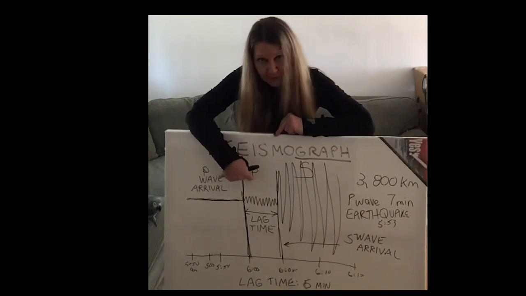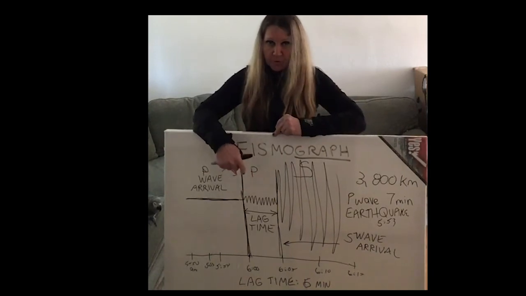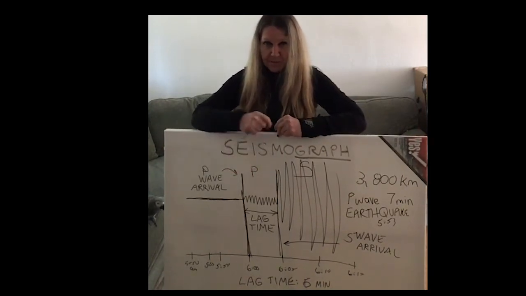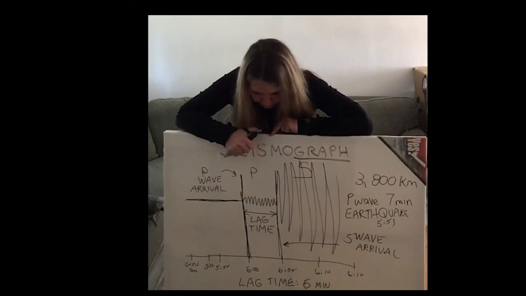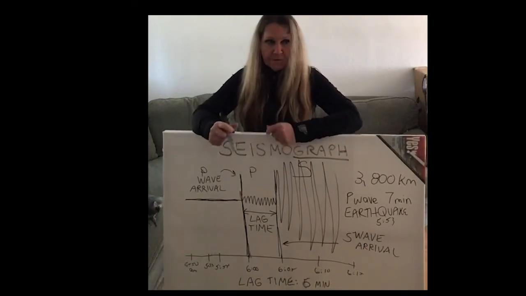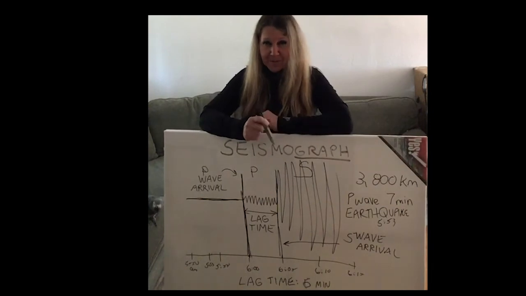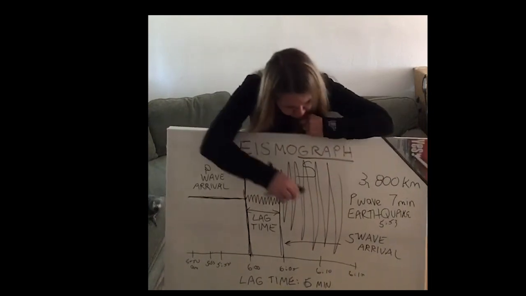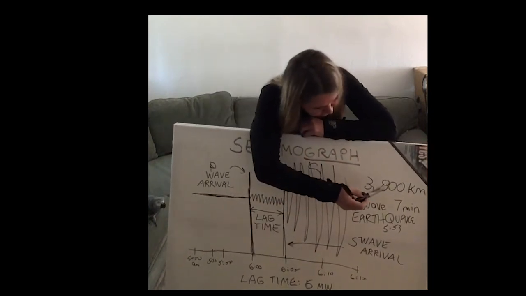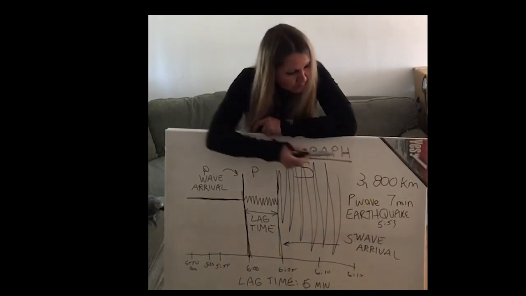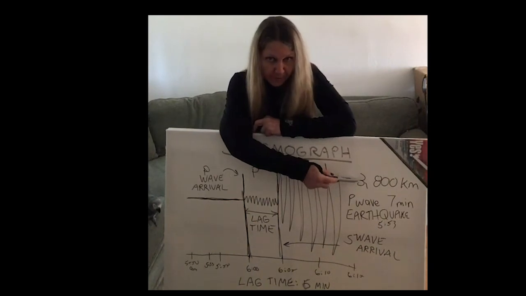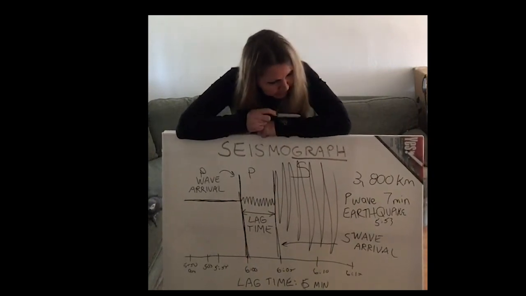We determined the lag time's 5 minutes, so we use that information in that S wave and P wave travel time chart, and we're able to figure out that the distance to the epicenter was 3,800 kilometers.